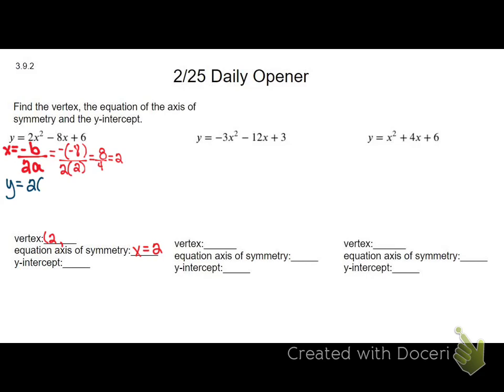What did I say x equals? 2. So what should I substitute for x? 2. So I'm using my original function, and every time I see that x, I'm going to substitute that value of 2. And so when I simplify it, I'm going to get what y equals here. So then we have to follow order of operations. So what do I do first according to order of operations?